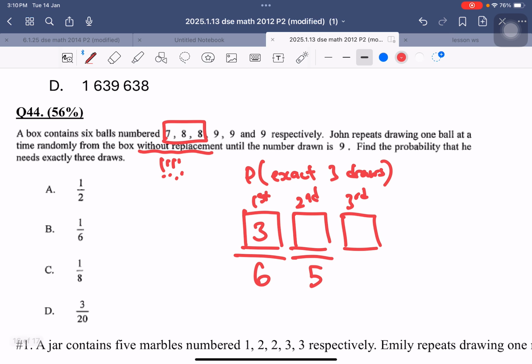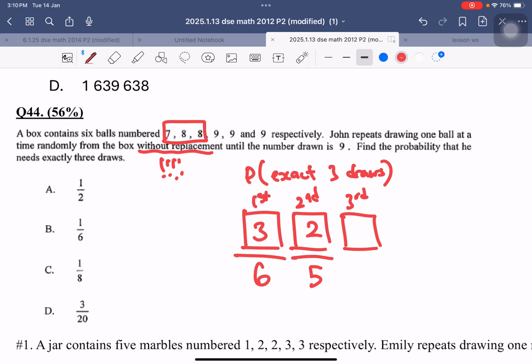For the second choice, he can choose from 5 balls. Out of 5 balls, there are only 2 balls he wants, which are 7 or 8. He can't choose 9, because if he chooses 9 as the second ball, the game is finished. So there are only 2 choices.